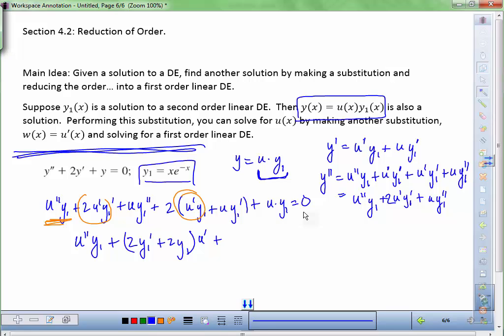What's left is just the u, so that's a y1 double prime plus 2y1 prime plus y1, and that's multiplied with a u. Is that right?